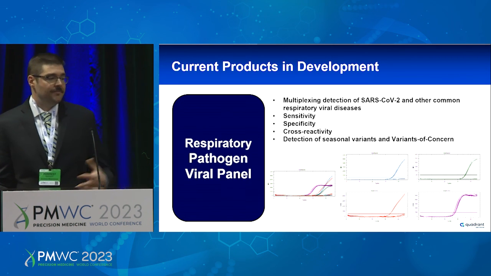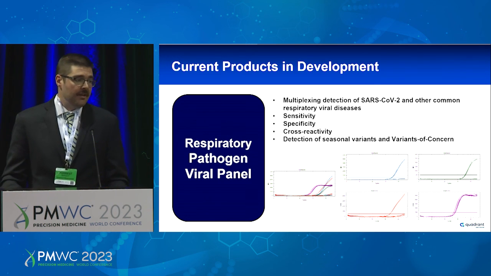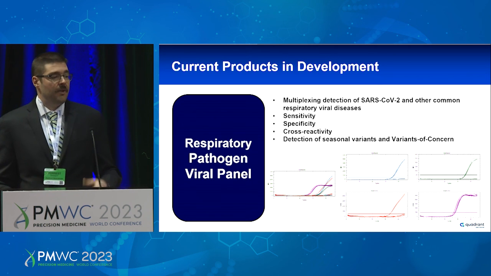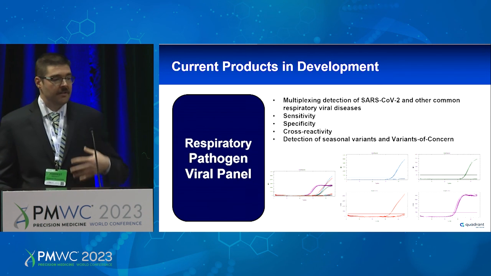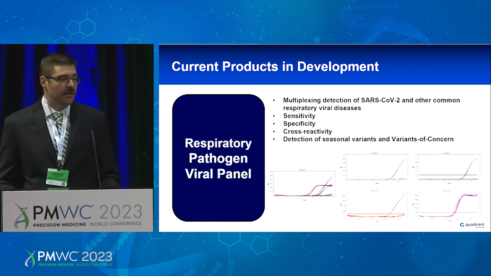We're doing the current sensitivity, specificity, and cross-reactivity development you would expect. But alongside that, with our sequencing expertise, we can also monitor and detect seasonal variants as well as emergent variants of concern, particularly relevant to COVID.